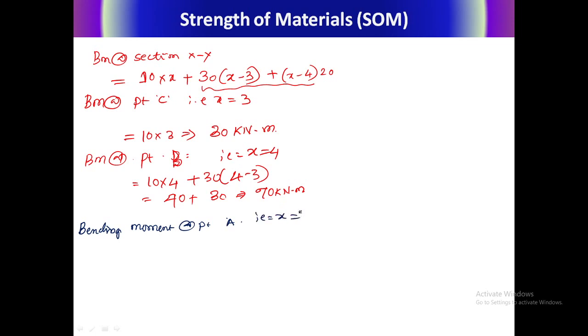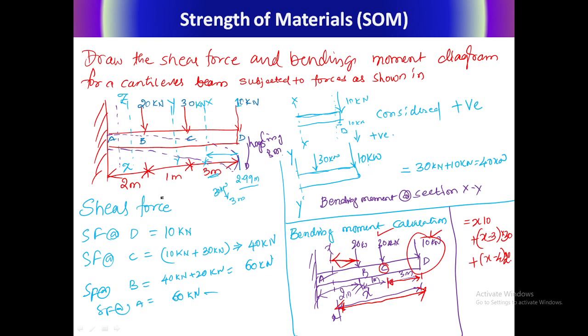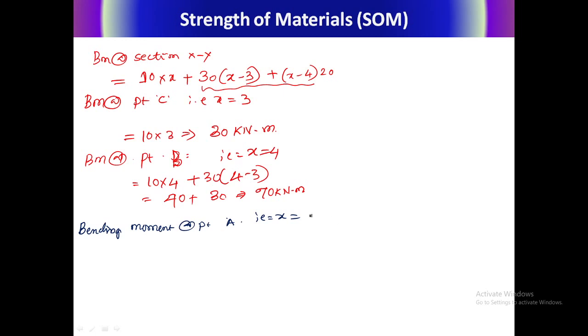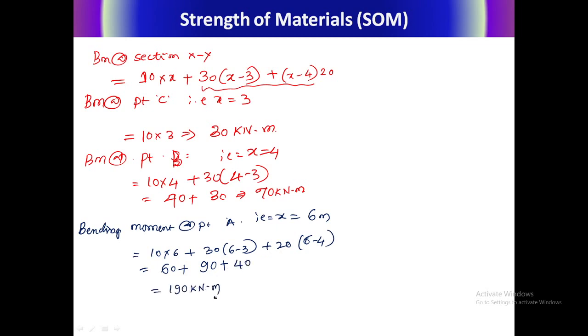At point A, 3 plus 1 plus 2, it's 6 meter, right? X equal to 6 meter. Let us substitute in the equation: 10 into 6 plus 30 into 6 minus 3 plus 20 into 6 minus 4. Now simplify here. This is 60, this is 90, this is 40, right? This is equal to 190 kilonewton meter, right?